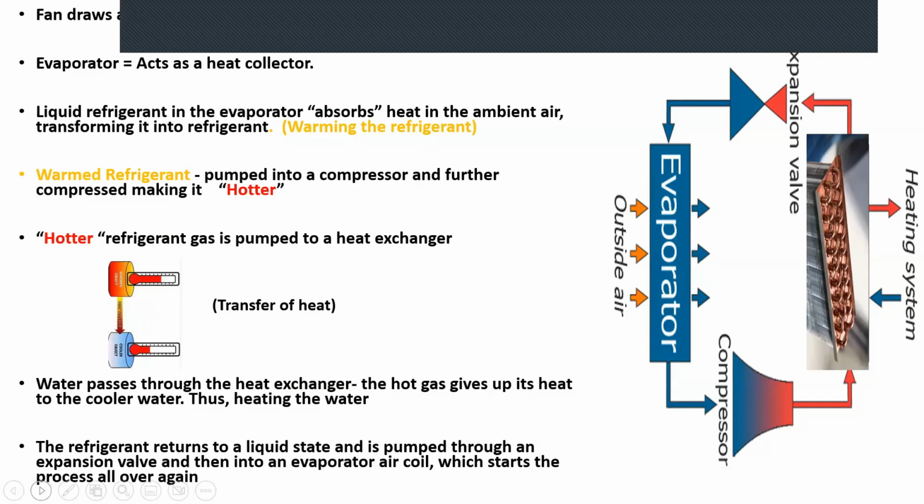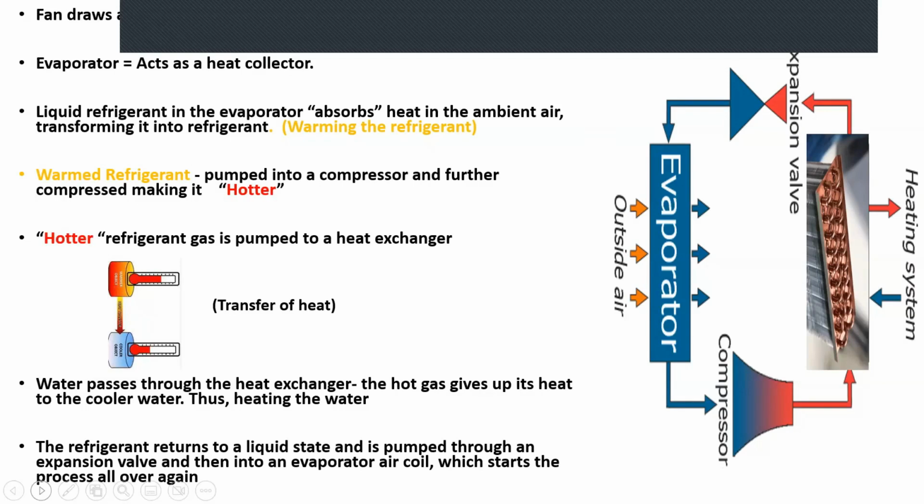Without overcomplicating the heat pump process, I've really tried to break it up into a very simplified, understandable manner, which I hope makes sense. So let's have a look at those steps that I've broken down for you. A fan basically draws in the air over the evaporator. And so that nice hot or cool air goes over the evaporator.